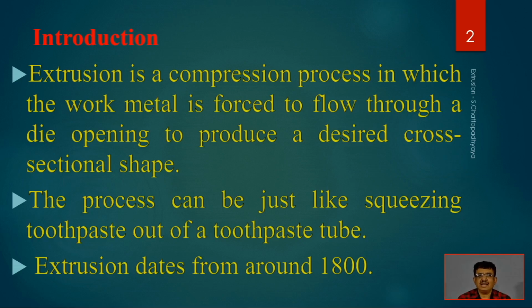As it is a ductile material, it has some flow, and it is forced to flow through a die opening to produce a desired cross sectional shape. Whatever is desired will be implemented in the intricate parts of the die, and that die has to be designed that way, manufactured that way, and the die will deliver that way.